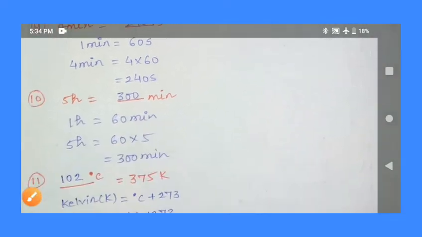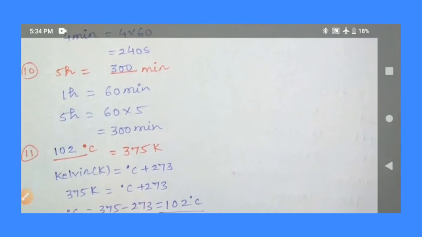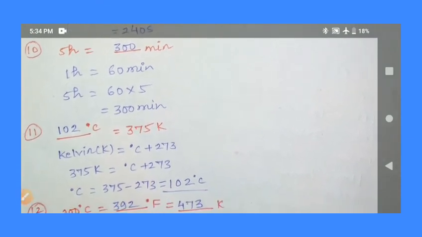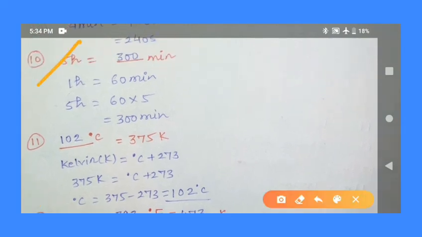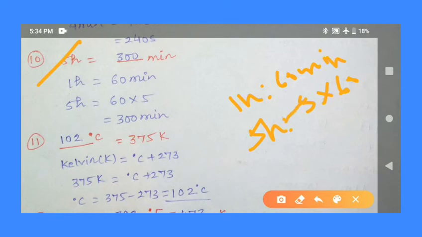Next, 5 hour is equal to dash minute. 1 hour is equal to 60 minutes. So 5 hour is equal to 5 into 60, you will get 300 minutes. So answer will be 300 minutes.